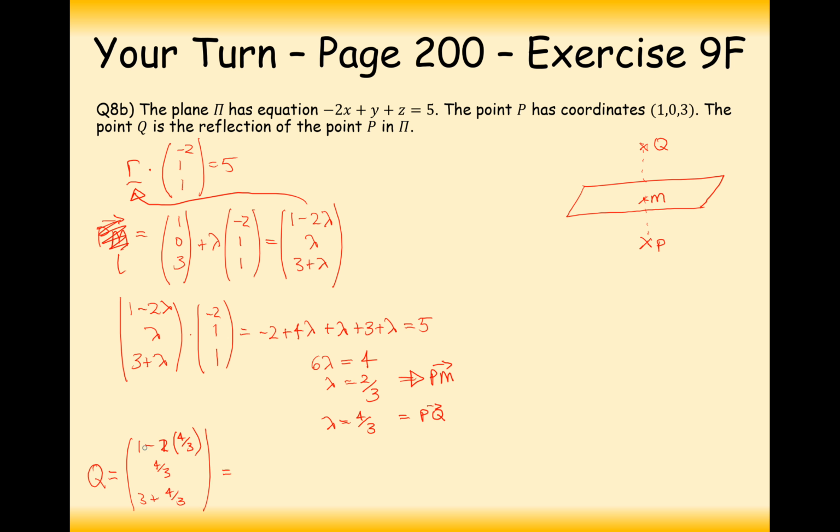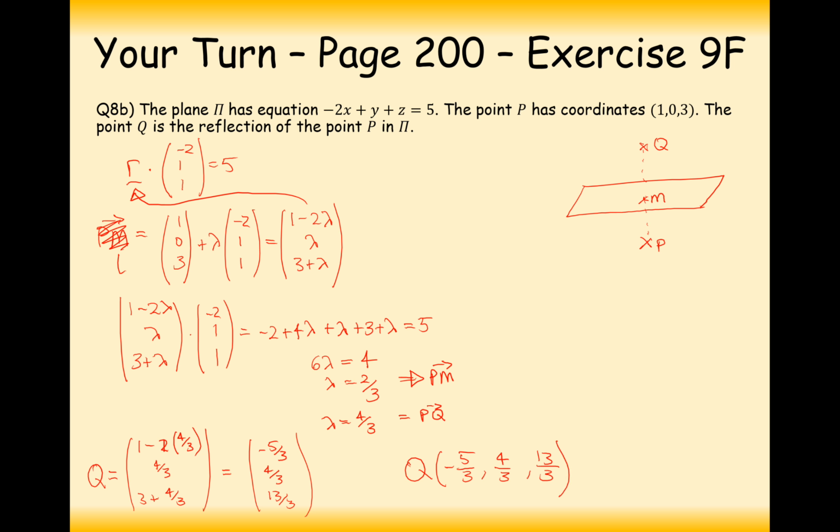So it's going to be 3/3 minus 8/3, so that's going to be -5/3, 4/3, and 9/3 plus 4/3 is 13/3. So this is our coordinate for Q then. It's going to be -5/3, 4/3, and 13/3. That's the coordinate for Q.